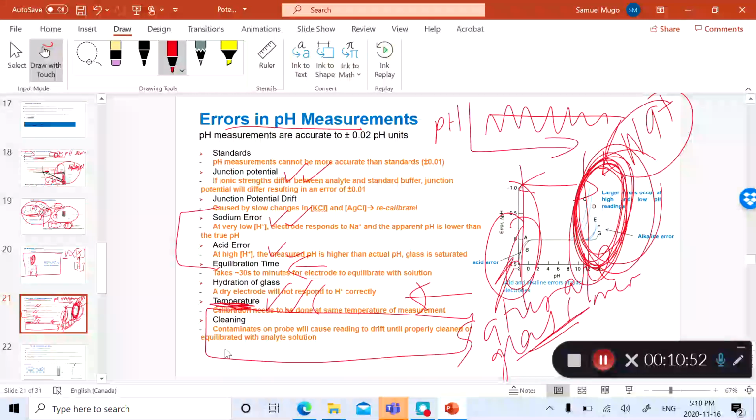A pH electrode tends to be poisoned or contaminated because the moment you've got the surface, the glass membrane, being contaminated with other type of stuff, then it affects the migration of the hydronium ions to the glass membrane. So you often have to clean your pH electrode, so that it's responsive and it's not poisoned.